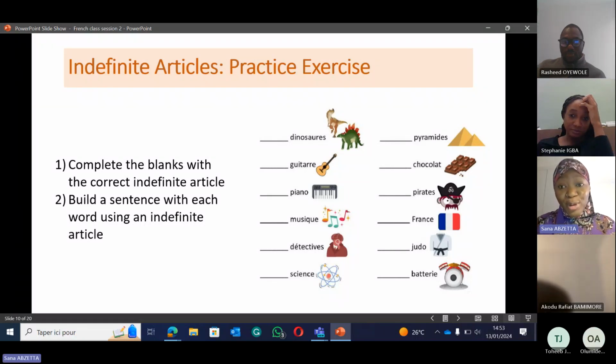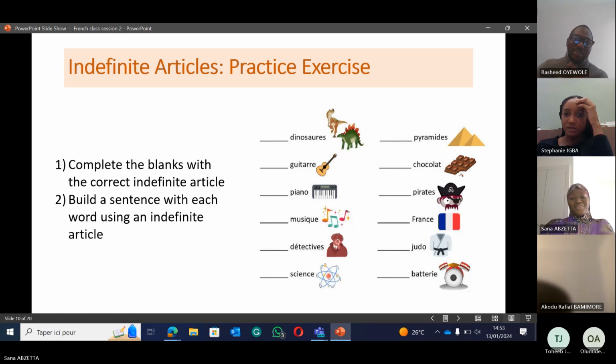I want you, as before, to complete the blanks with the correct indefinite article. Here, should we say un dinosaure, une dinosaure, or des dinosaures? What do you think? Un dinosaure. Okay, the others.